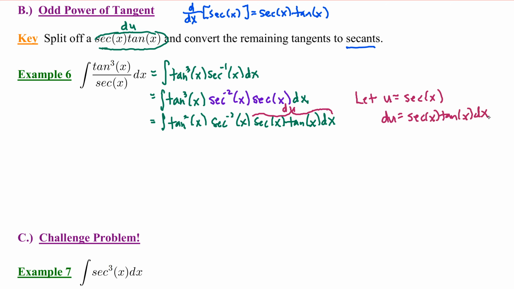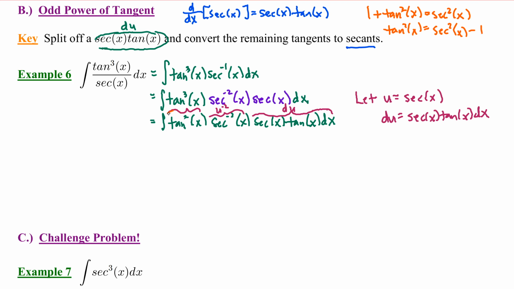But in order to write my integral in terms of u, notice this term will be replaced with u to the negative 2, but this is also going to need to be in terms of secant. But that's no problem because we have the Pythagorean identity: 1 plus tangent squared of x is equal to secant squared of x. Now in this case, I do need to rearrange this formula by isolating tangent squared, and we have secant squared of x minus 1.